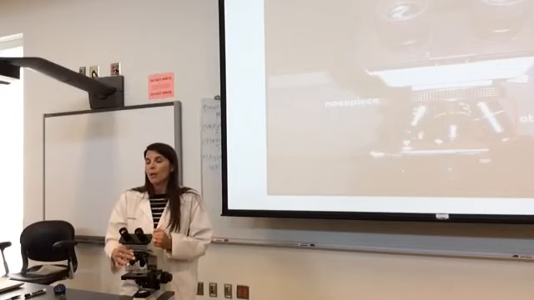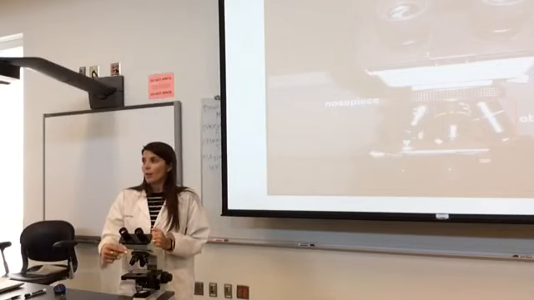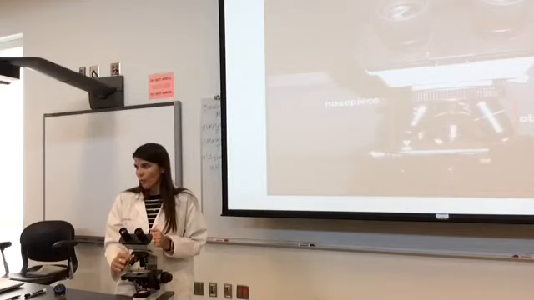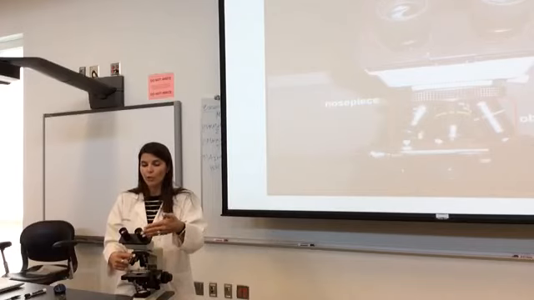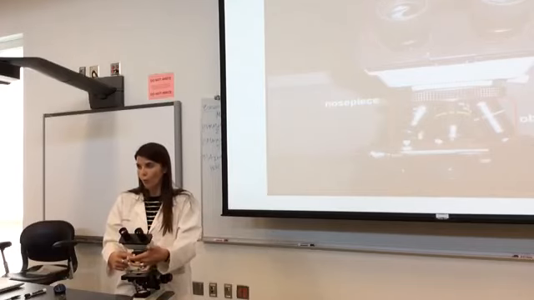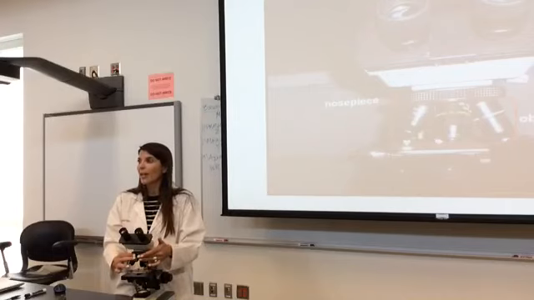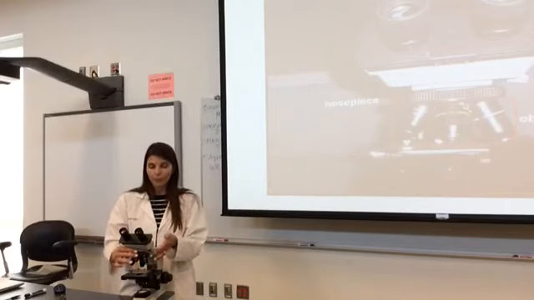Okay? This magnifies 4 times. Along with what the ocular does, which is 10 times, the total magnification would be 40. You do the 10 times the 4. That is on scanning or low power.